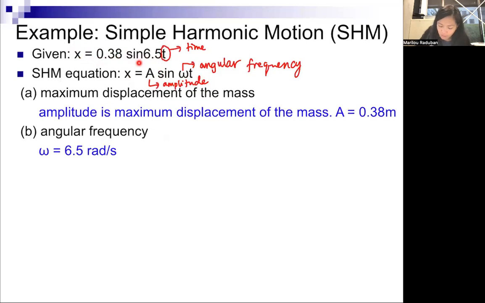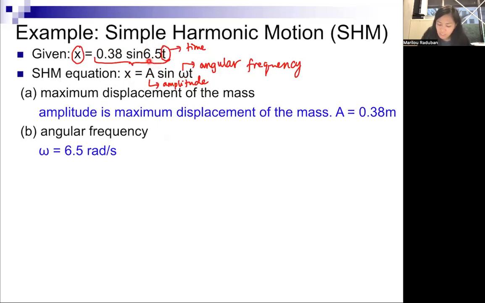Because if you do the calculation on the right, what you get is x, and x is the displacement or the position of the object at a certain time t, which in your case was 1 second. For the angular frequency, it's the number that comes before time, because if you look at this equation, A sine omega t, omega is the angular frequency, and omega is any number that is in front of the time t.